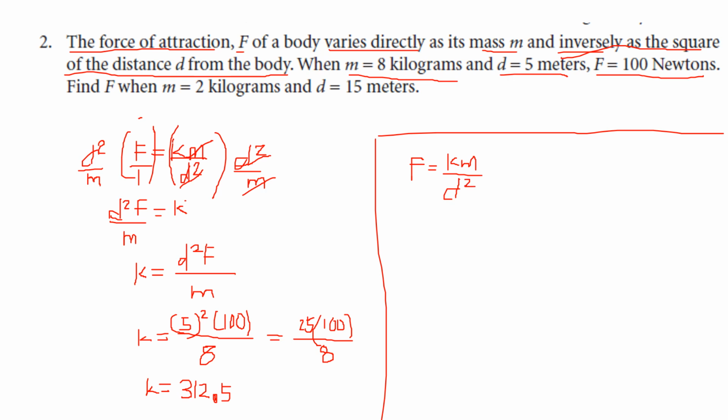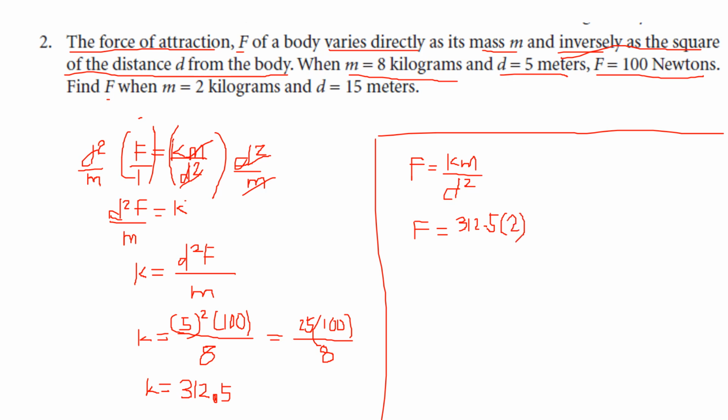This is the mathematical sentence: the force F varies directly as K times M and inversely as the square of D. So what is F when M equals 2? We are looking for F. We know that our K is 312.5. What is M? M is 2.